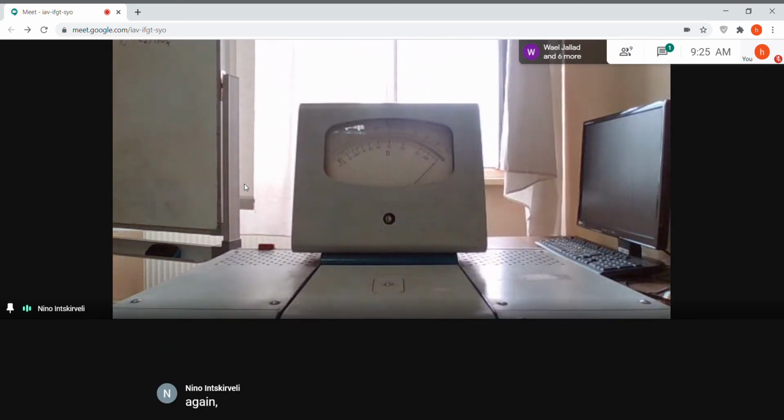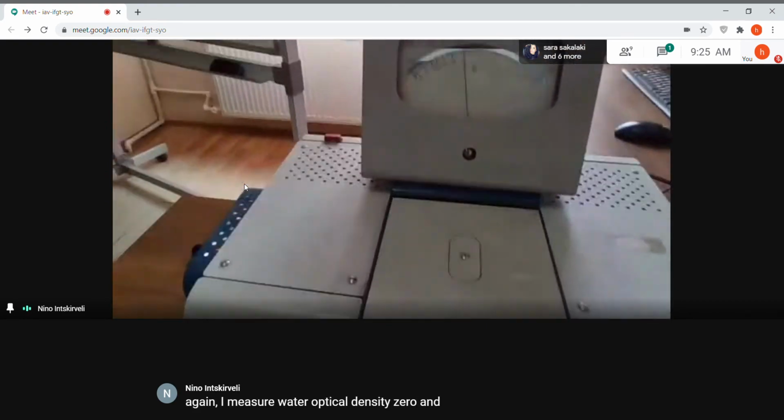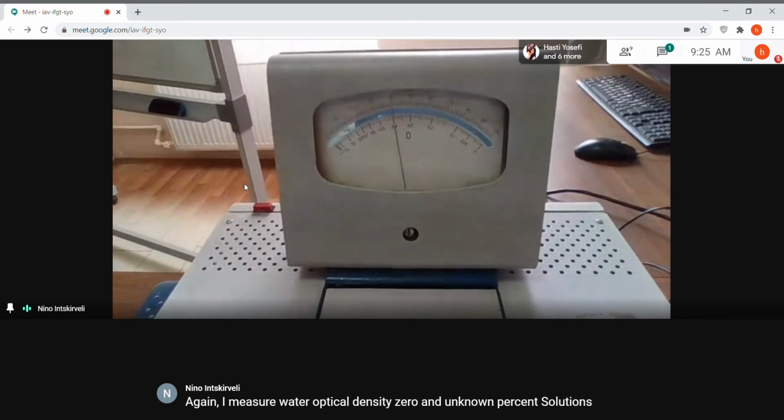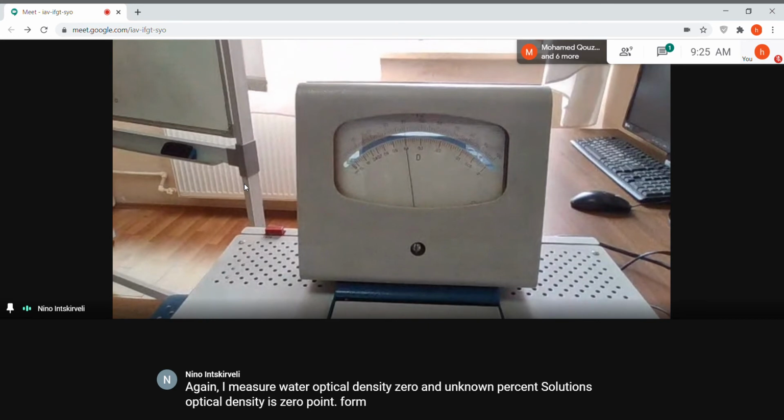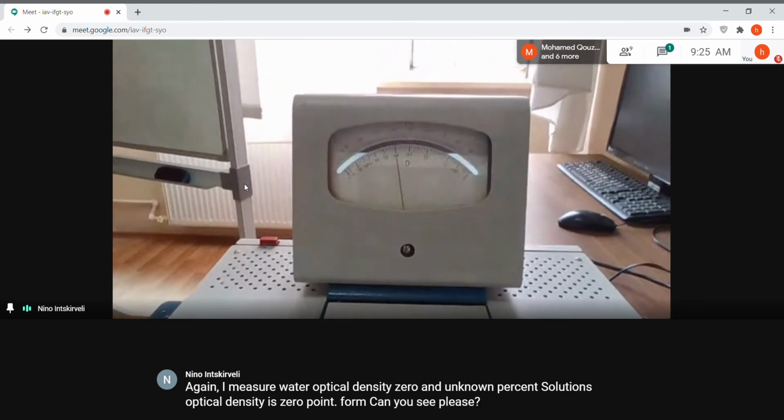Again, I measure water's optical density, it is 0, and the unknown percent solution's optical density is 0.4. Can you see, please?